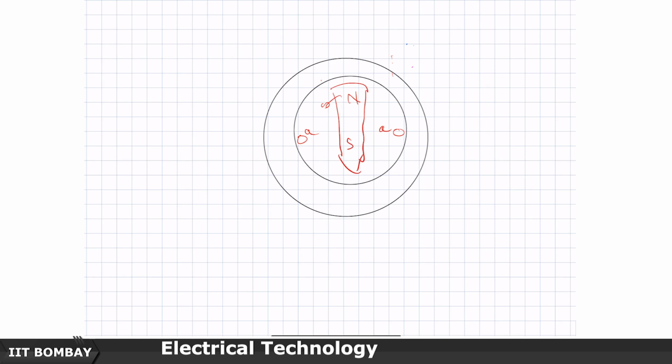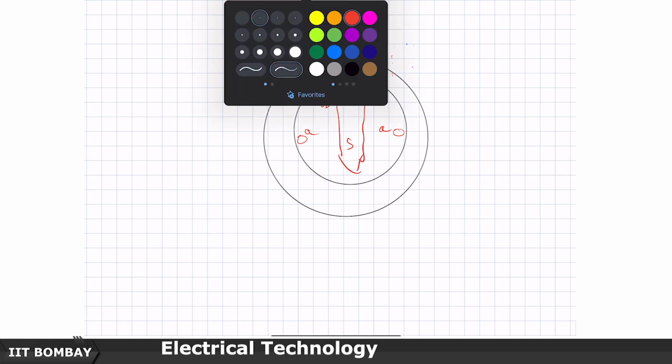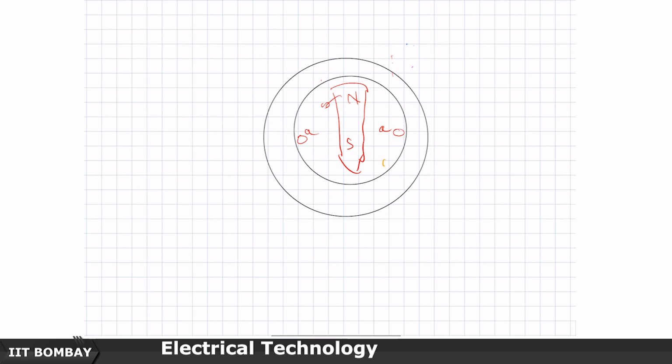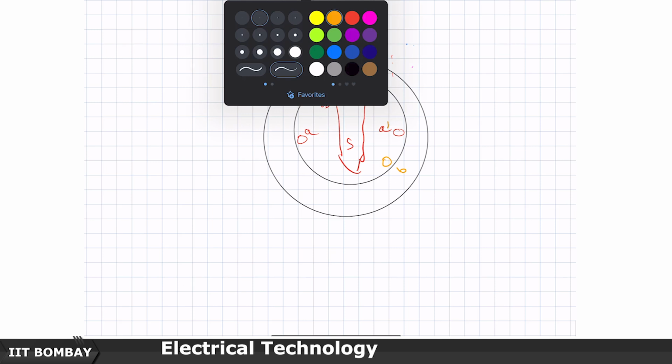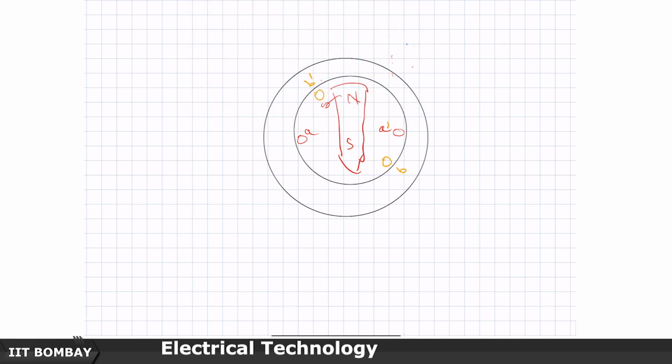Suppose 120 degrees later I keep a yellow winding, Y, using a slightly darker color; another notation used is B dash, A dash, and color-wise R, Y and B. Then another 120 degrees later I will get a C and somewhere here the C dash windings.